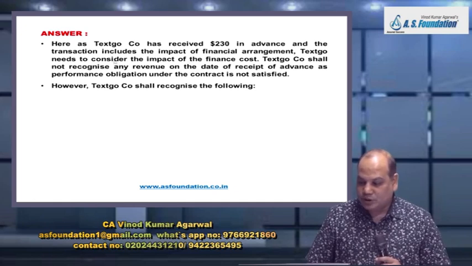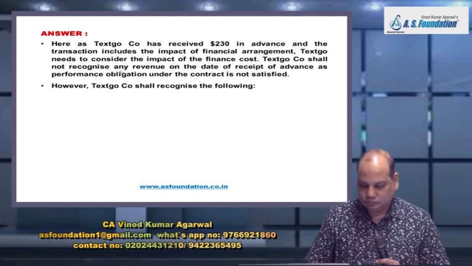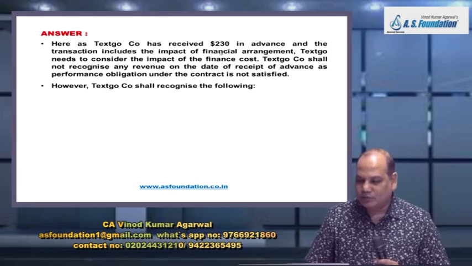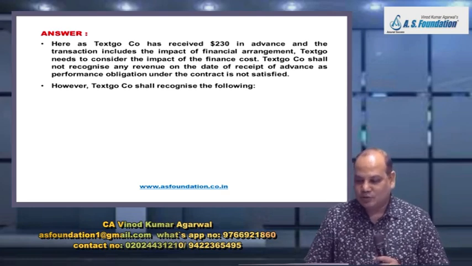Text Go company needs to consider the impact of finance cost. Text Go company shall not recognize... what happened? They are saying it is included. Where is it included? Impact of financing arrangement. Transaction includes. Text Go needs to consider the impact of finance cost.